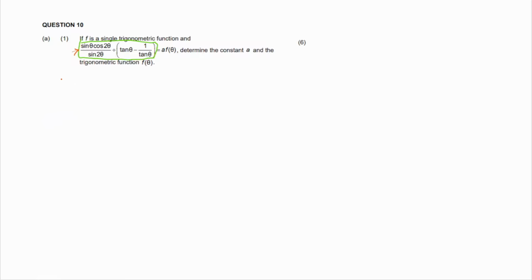So let's sort this out, right? So sine theta stays sine theta. Cos 2 theta has 3 options, right? Let me show you the 3 options from our formula sheet. So yeah, this thing has 3 options over here. It can be either this, this, or this, okay?